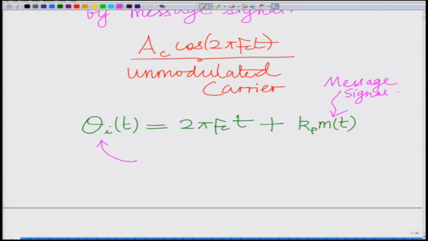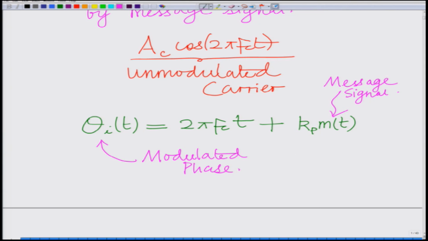So, this is theta_i(t), the modulated phase. The phase of the modulated signal is 2 pi f_c t plus k_p times m(t).